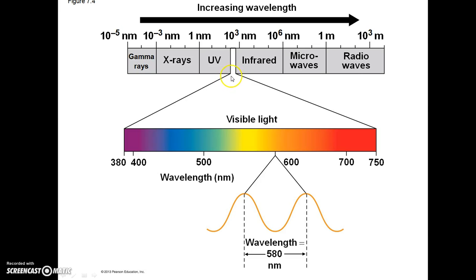Visible light is within this portion between UV and infrared radiation, and visible light includes wavelengths of 380 to 750 nanometers. Again, the wavelength is just the measurement between one crest of a wave of light and the next crest. So for example, the wavelength for this light orange color of visible light is going to be about 580 nanometers.